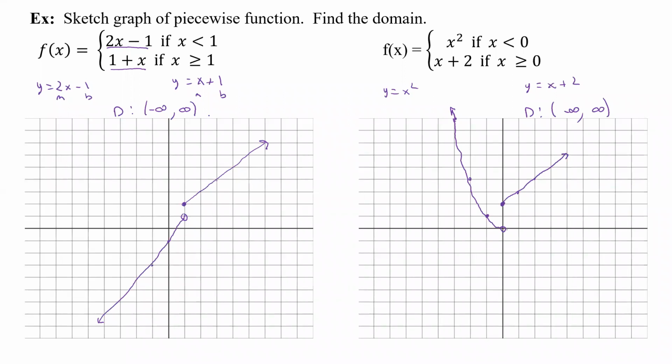So let's go ahead and do the range just because it's going to be different here. It's going to go from negative infinity up to the 1, not including 1, union, and then it's going to include 2 to positive infinity, because now it's just going to keep going up and up and up.